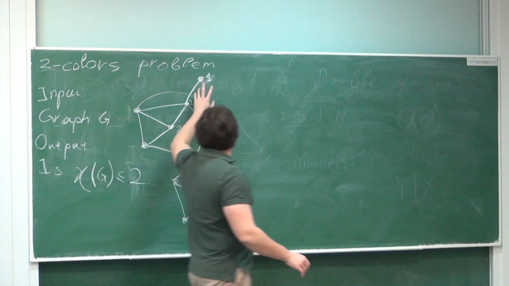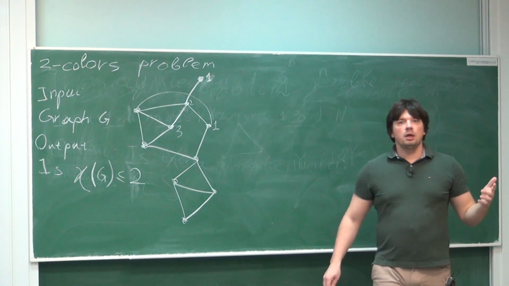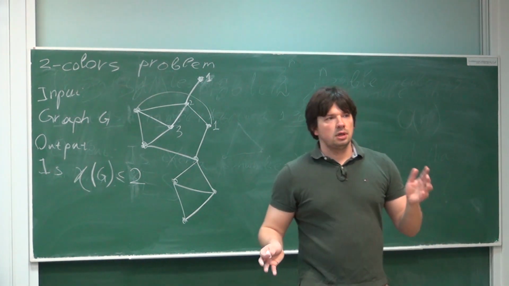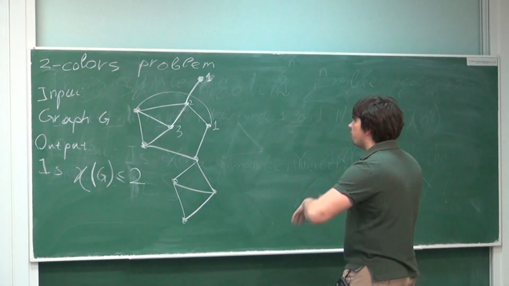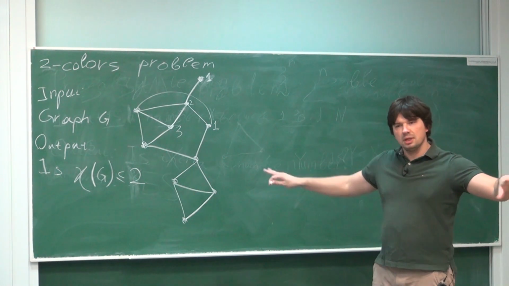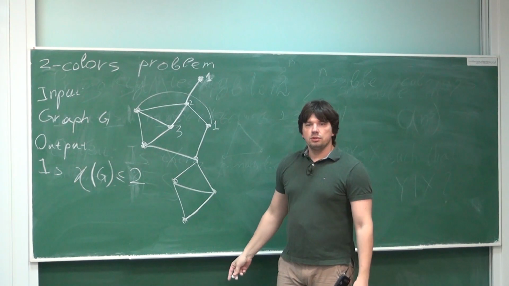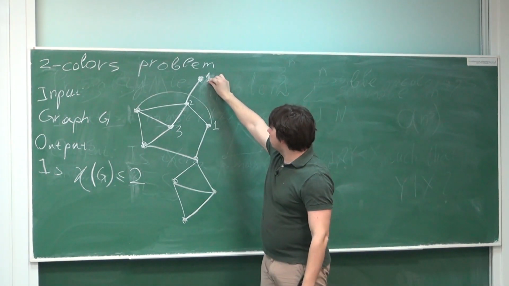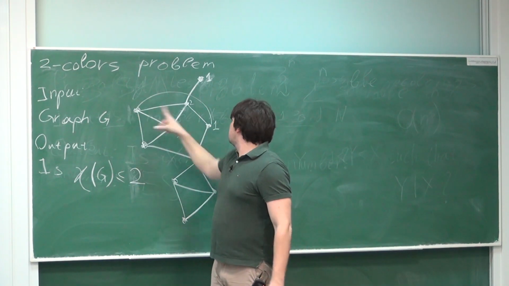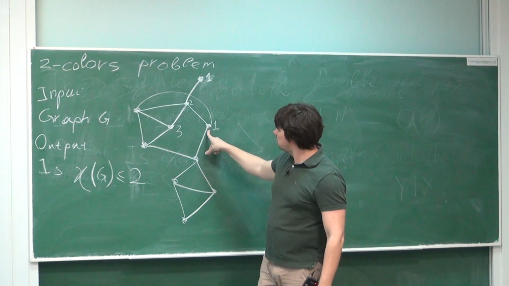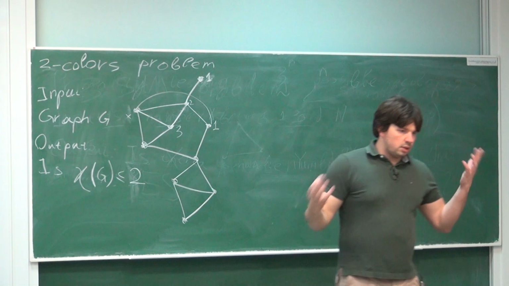Right? You pick a node, you color it with the color 1, then all of its neighbors have to be of the color 2. Then all of their neighbors have to be of the color 1, and so on. So in this case, this graph is obviously not 2 colorable, so this one would be of color 1, this would be of color 2, this guy will be forced to be of color 1, and then this guy doesn't have options at all, so that's it.